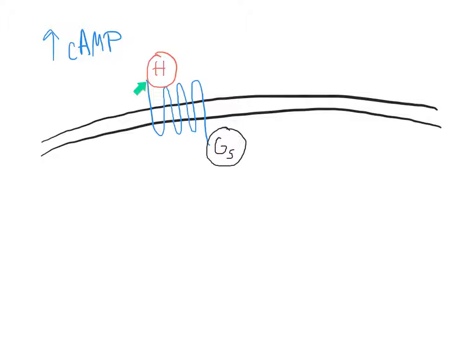Now, when the hormone binds the receptor, the GS protein gets activated, and that activated GS protein, in turn, goes and activates an enzyme that's embedded in the plasma membrane, and this enzyme is called adenylate cyclase.